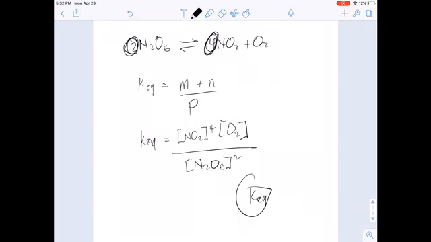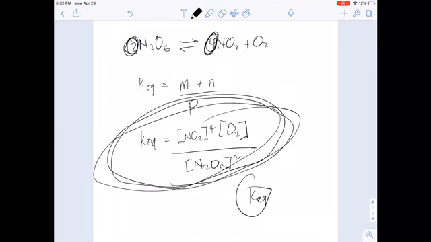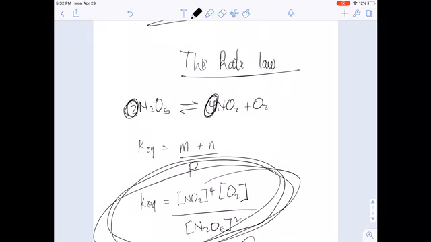The equilibrium constant for the above reaction is what I wrote, this one here. But the rate for the rate law will be K times the concentration of N2O5. This is the rate law concentration.